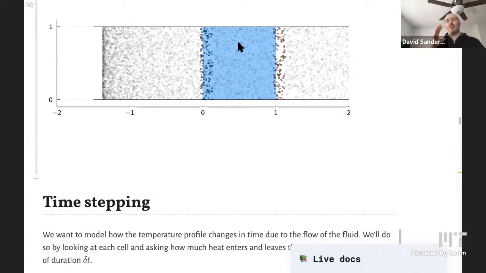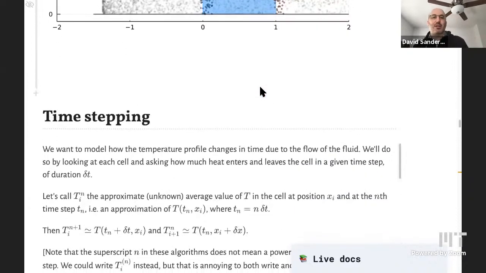They're related by some constant that we won't even write down, the heat capacity. Or you can think of concentration as well. How much stuff comes in, how much stuff goes out. So this is what you might call a finite volume method. I have a volume and I'm looking at fluxes or flows across the boundaries of this cell.